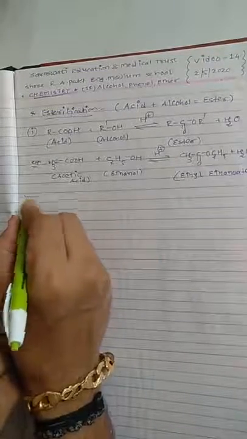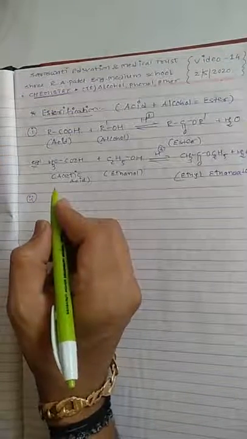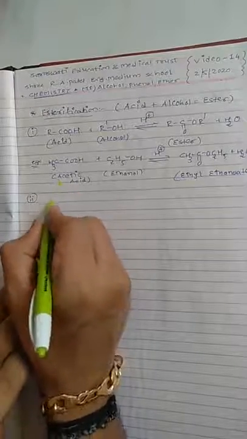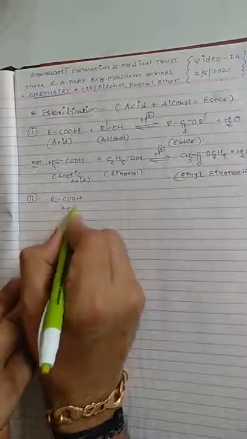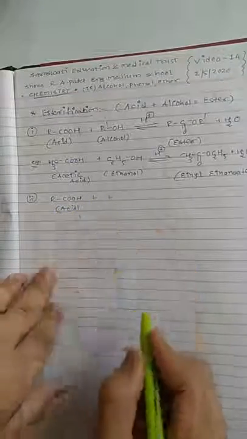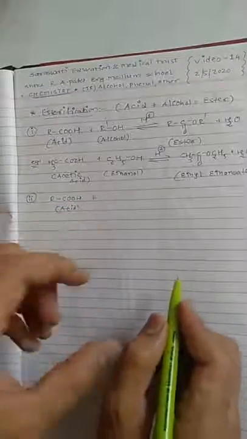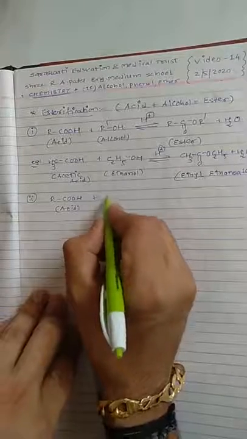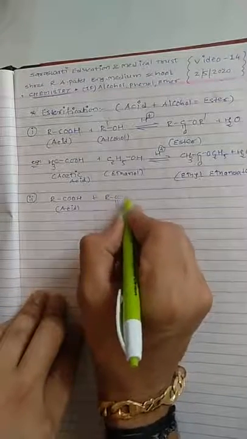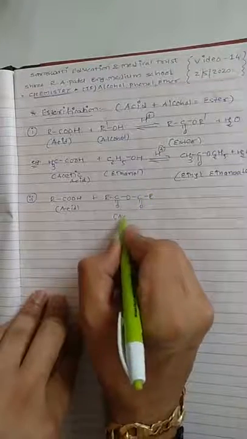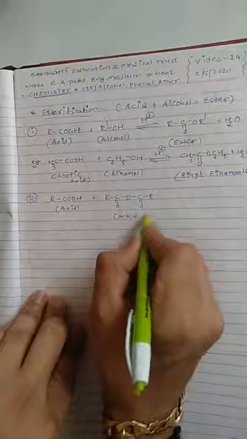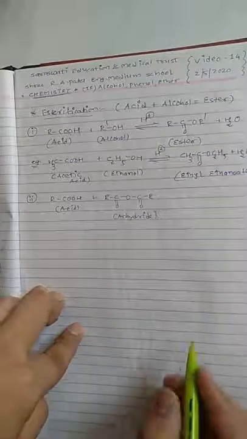Second reaction scheme for the formation of ester is acid plus anhydride. So acid means RCOOH. Now for simplification, we will write anhydride in a separate manner like this: RC double bond O, OC double bond O, R. This is called an anhydride compound.